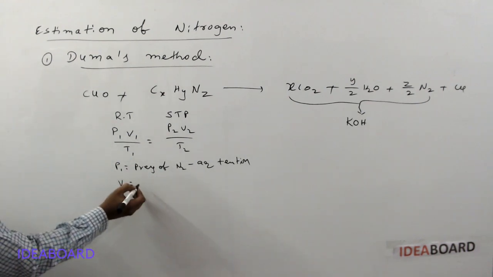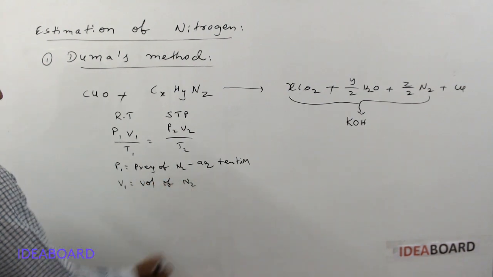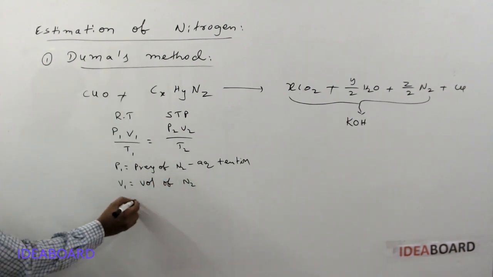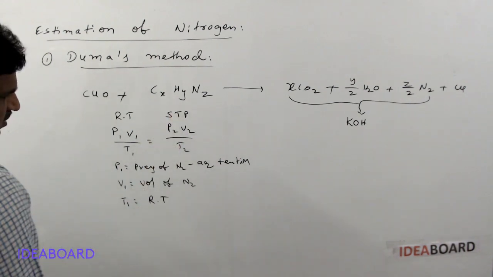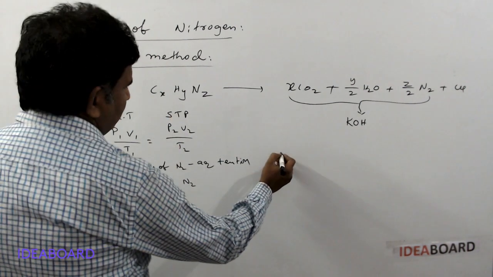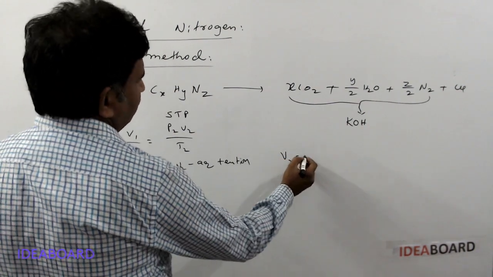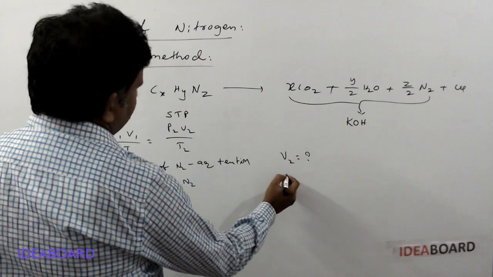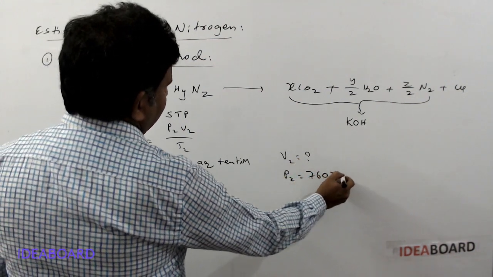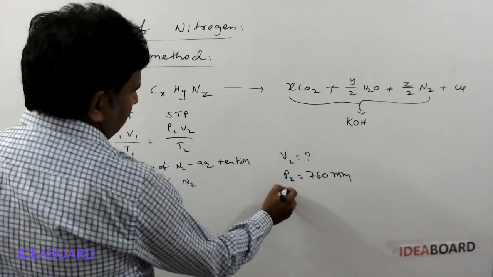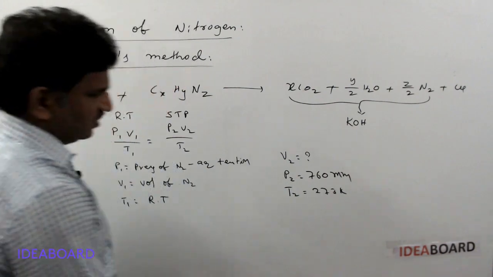V1 is the volume of nitrogen, and T1 is the room temperature. Under STP conditions, V2 is what we need to calculate, so V2 is equal to question mark, P2 is equal to 760 mm pressure, and T2 is equal to 273 Kelvin temperature.